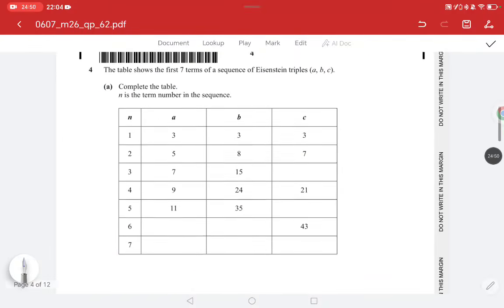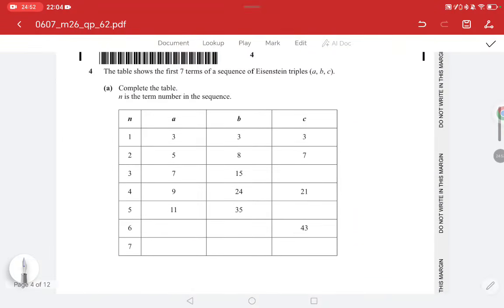Okay, next one, we have a table. Let's look at the table. Complete this table. It's a pattern, and usually when you have tables, please look if there is any relation between this column and this one, or maybe between these two, or maybe a relation between n and this one.